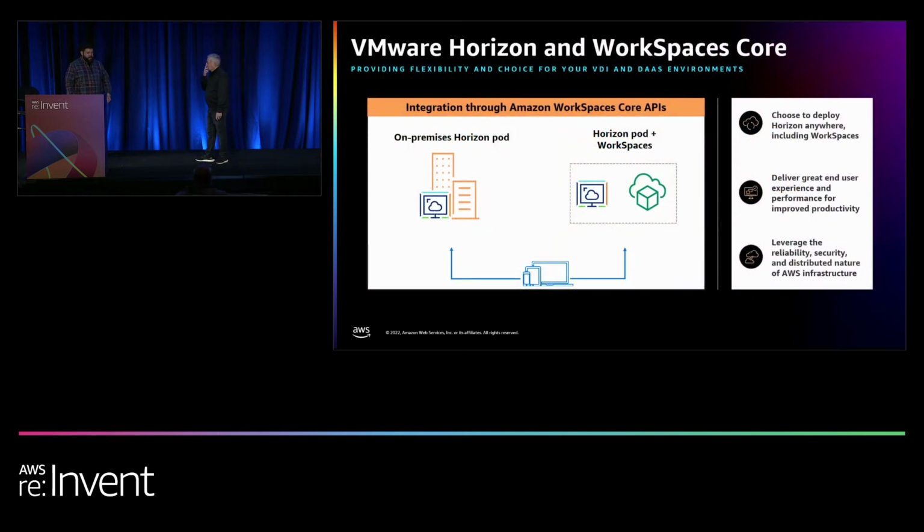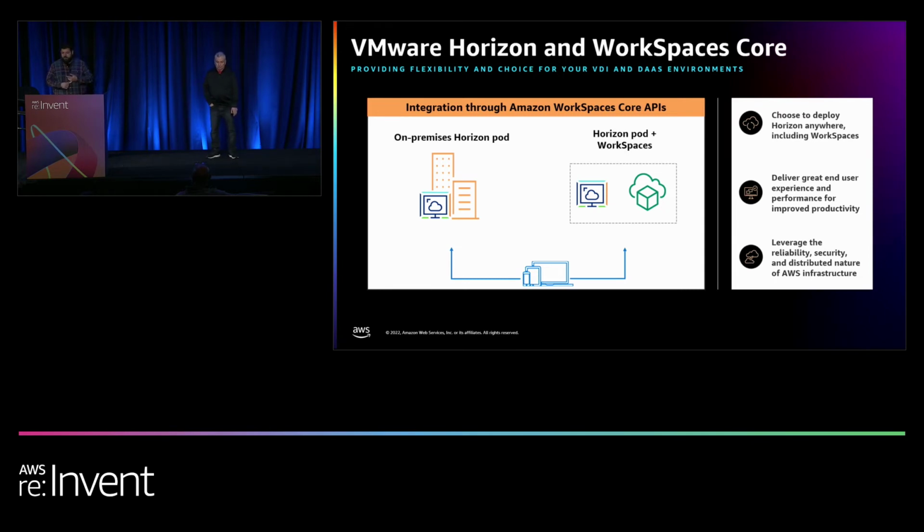So, this diagram is actually from an article that VMware published recently. There's a lot of good documentation. We've both put out content, VMware as well as AWS, in the last couple weeks, since we've launched this. But you can use the same cloud pod architecture that you may be familiar with from Horizon on-prem within Amazon Workspaces.